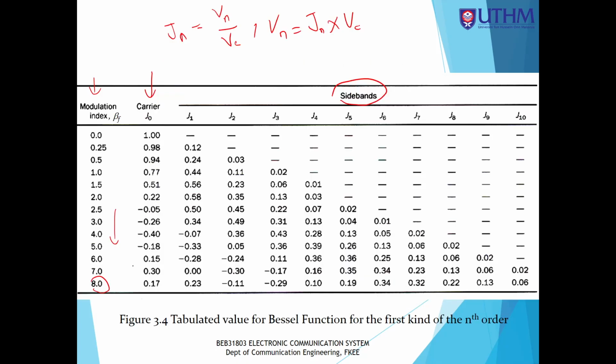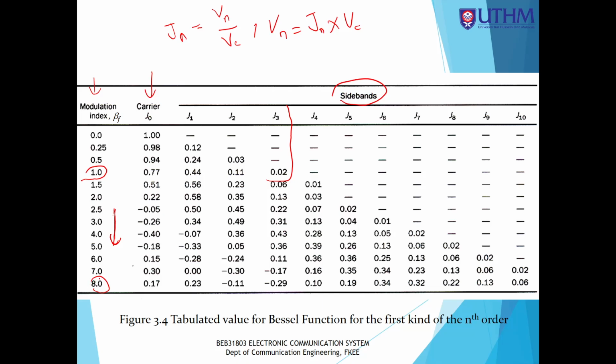Okay, what else? If you see that the higher the value of beta, the more sidebands there will be. For example, here, if beta is 1.0, I'm going to have up to 3 pairs of sidebands.